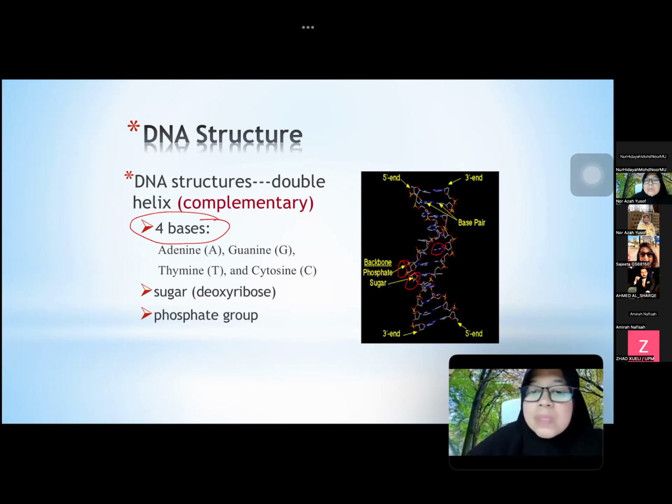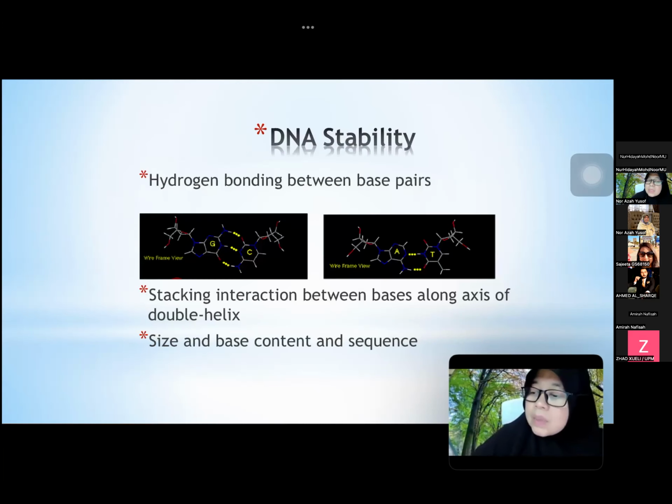So this is the basic structure of the DNA. It can be single strand. If you just cut this into two, you get single strand. If they combine, you get double strand or double helix DNA. So that's the basic.